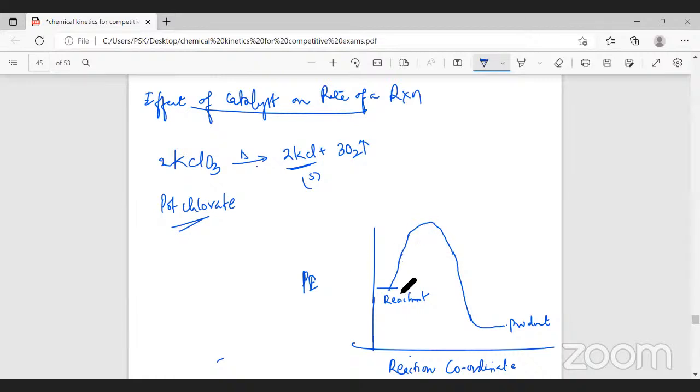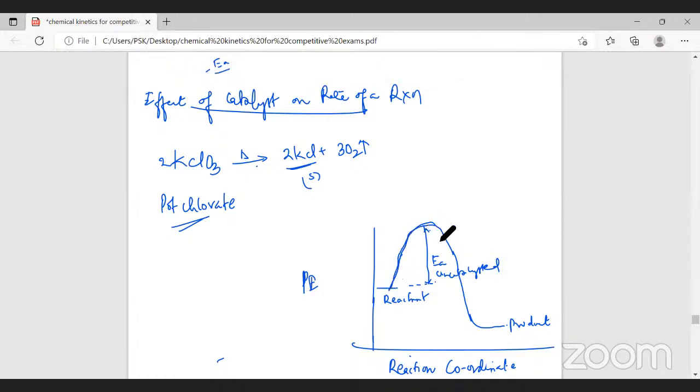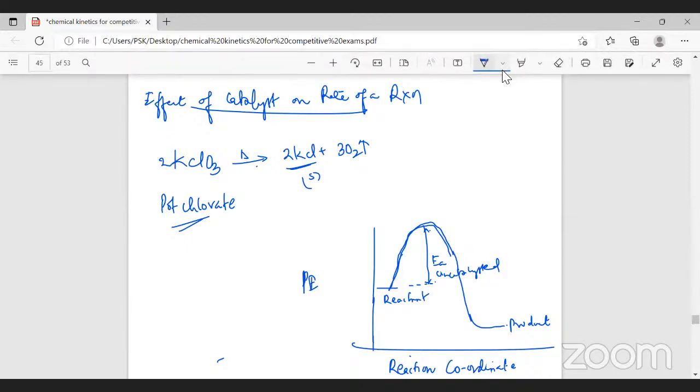This is called the energy of activation for an uncatalyzed reaction. Here I have not used a catalyst, so the energy required for this reaction to take place is very high.